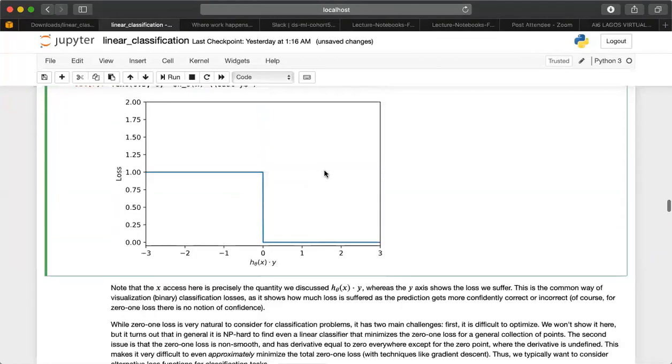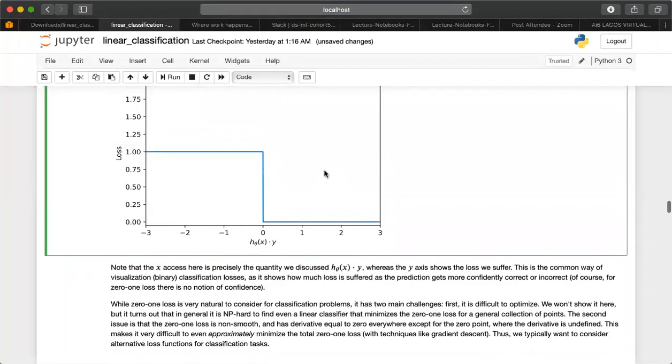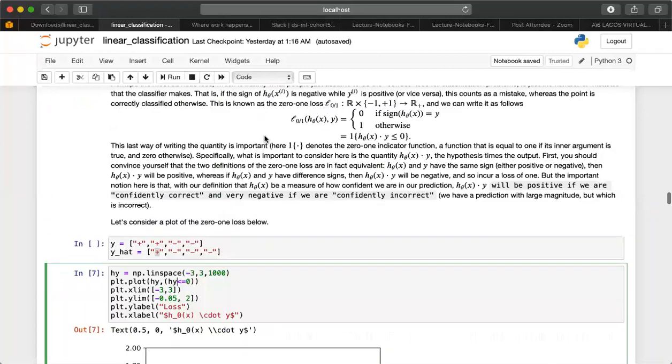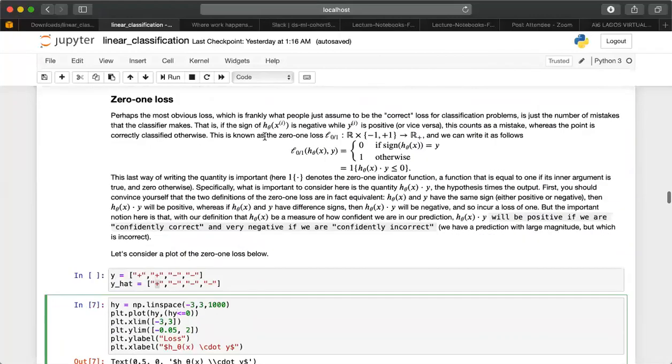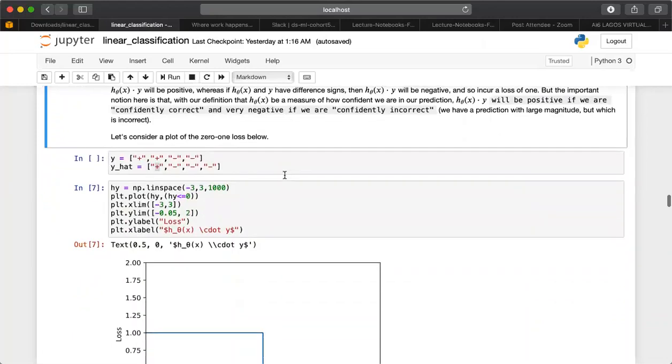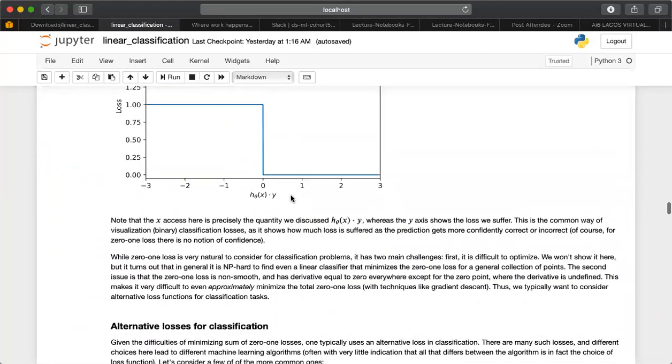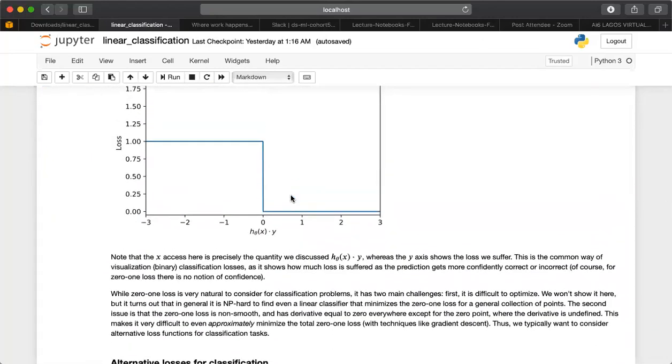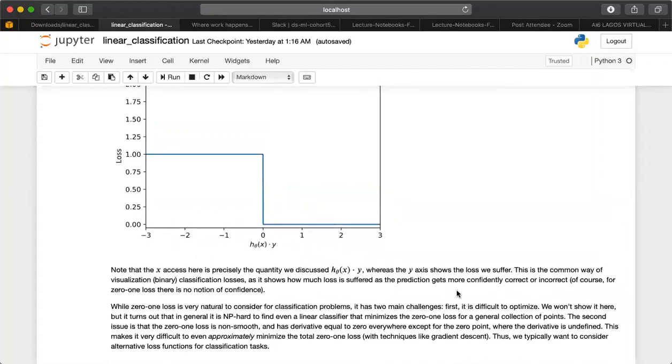But you see, the thing is that this whole loss that we just described has its flaws. You can't really optimize this loss for some mathematical reasons, which I'm not sure I've really explored. One of the reasons stated by the professor is that it's difficult to optimize.